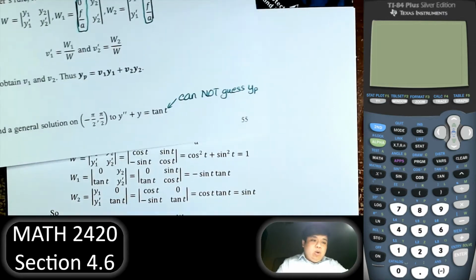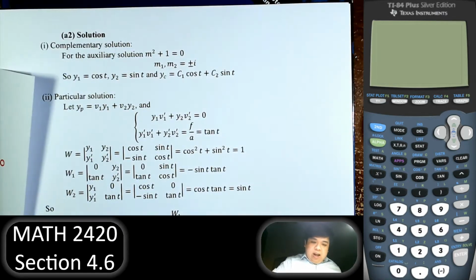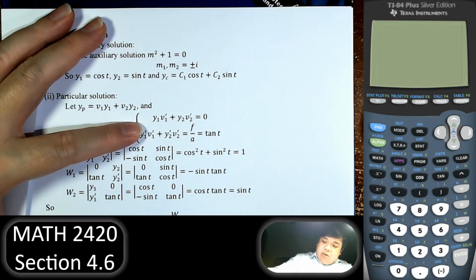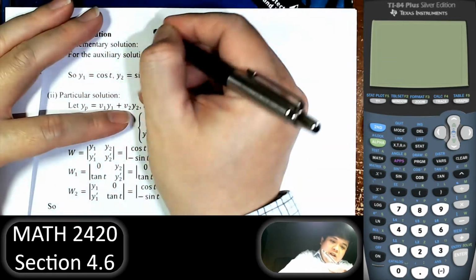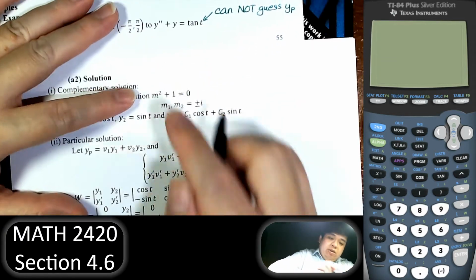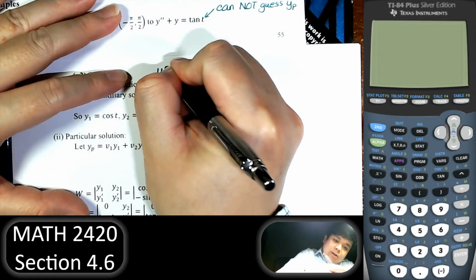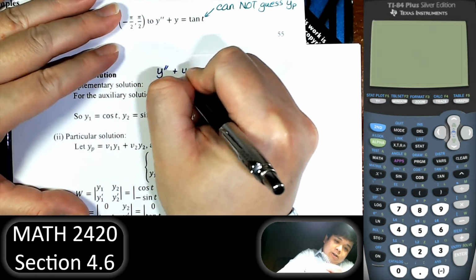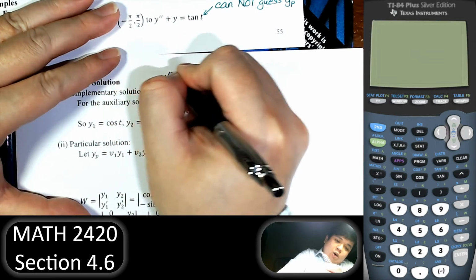Now, complementary solution. For the homogeneous equation, just make them equal to 0. And this is a homogeneous equation.